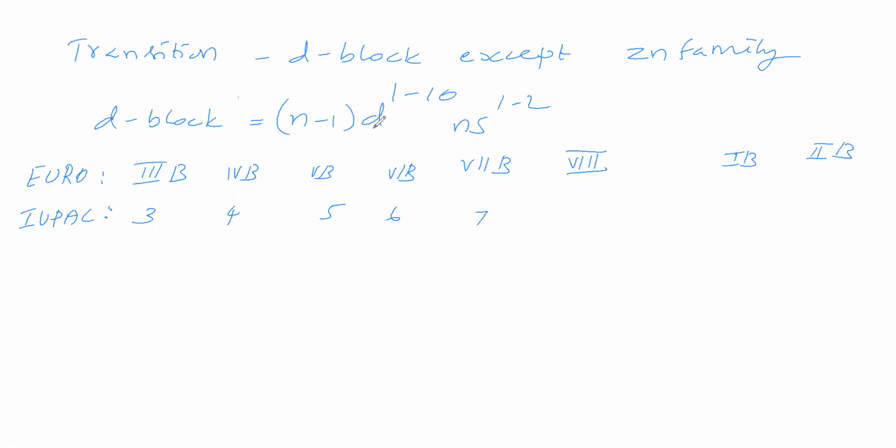So the European group number is the number of electrons in the valence shell, and the same for the IUPAC group number. That's only Roman letters there, ordinary numbers here.